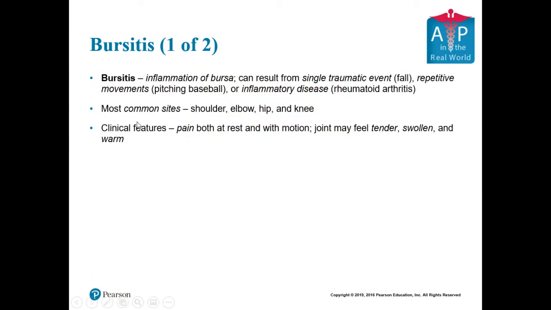Which could be caused by a very violent, drastic movement, such as pitching a baseball for an entire baseball game that lasts, I don't know how many hours, 4 hours, not sure, right? So that could cause bursitis, which is again inflammation of a bursa.